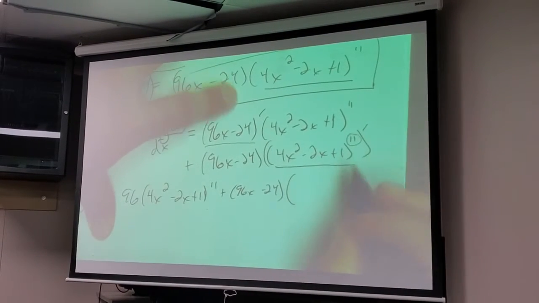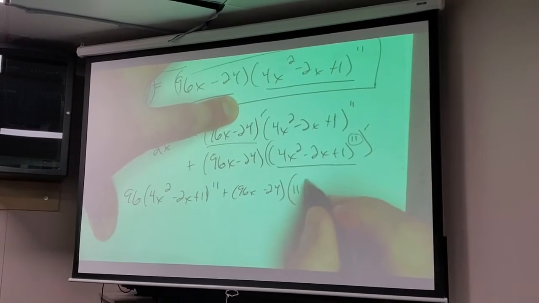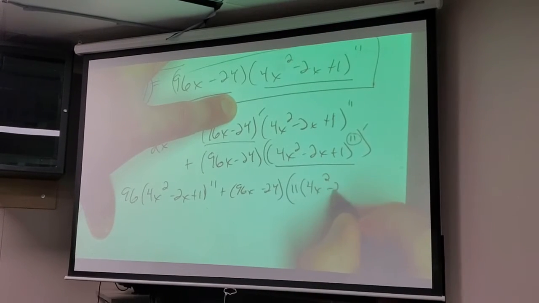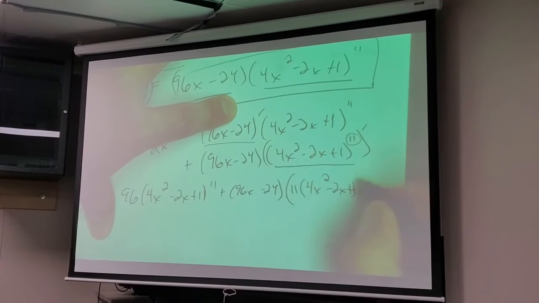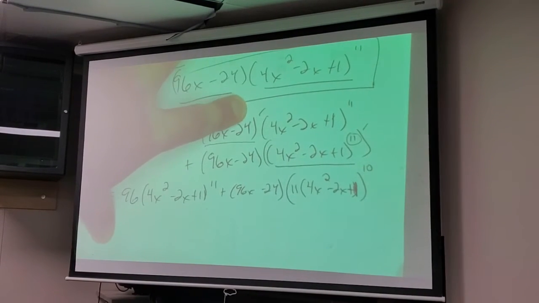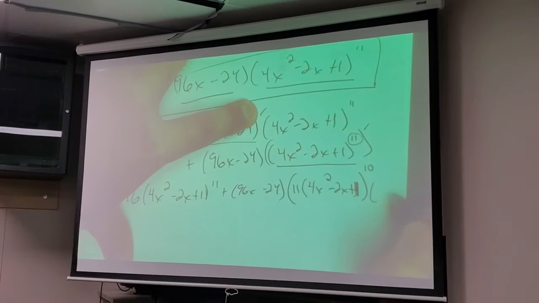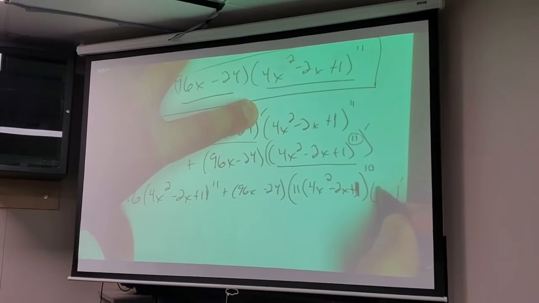What's this do? The 11 comes down. And now this thing is to the what power? Shoot, I need a 1 in there. It becomes a 10. Times the derivative of the inside, right? This is going to be exciting.